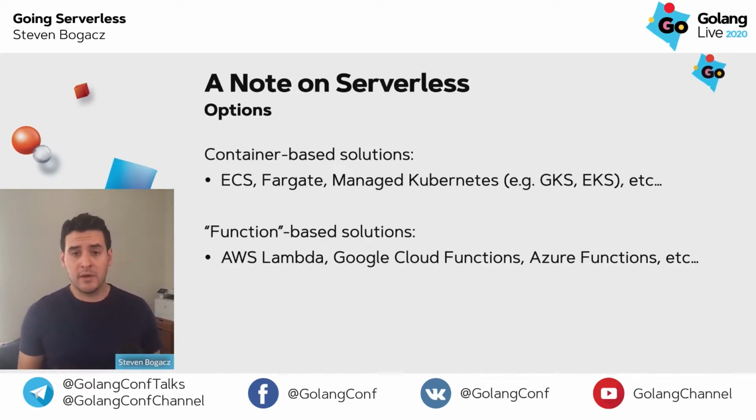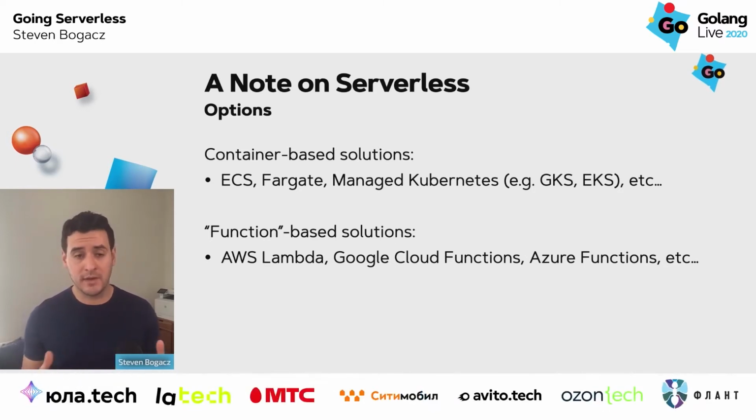So then some notes on serverless, because there's a lot of things that can be serverless, and we're specifically talking about serverless compute. In serverless compute, there are a couple of different general types of solutions. There are the container-based solutions, which is basically anything that will host a Docker image for you, everything from ECS and Fargate to managed Kubernetes options like GKE and EKS.